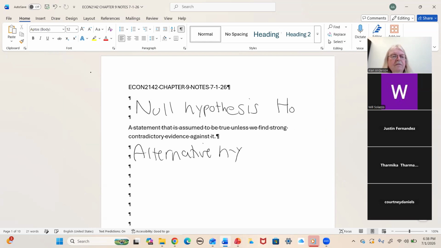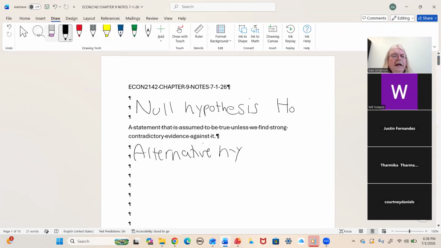And that will be written with H subscript A, although I do want to point out not every single book does it exactly the same way. HA.